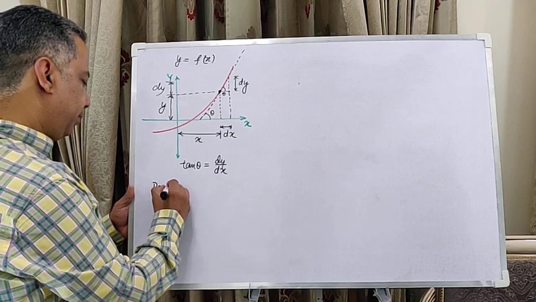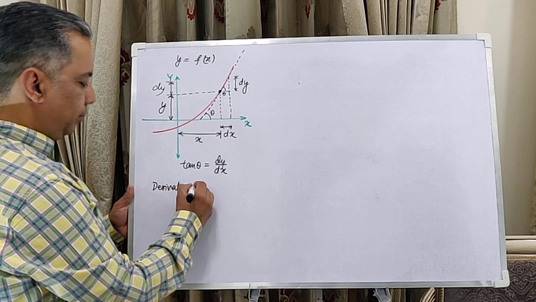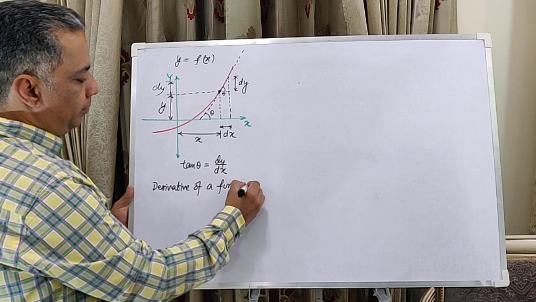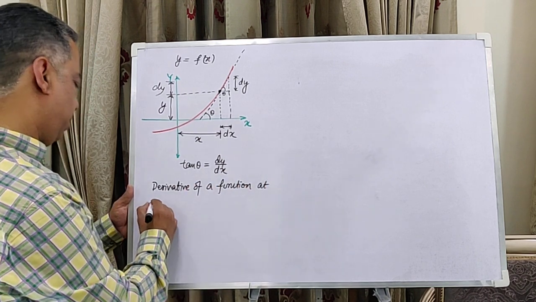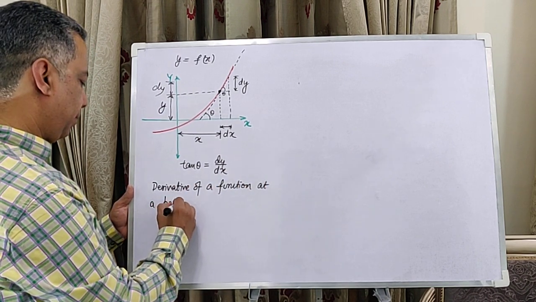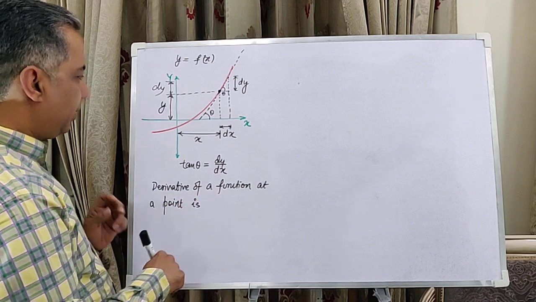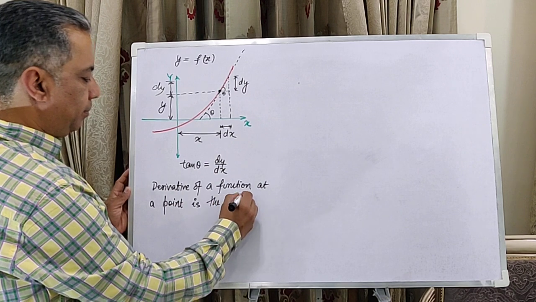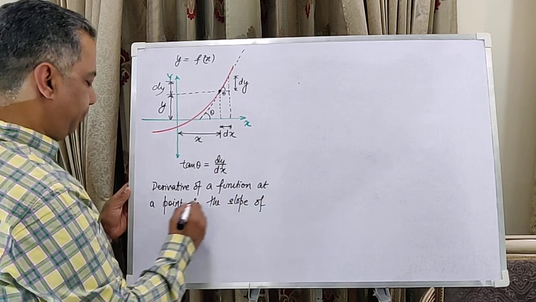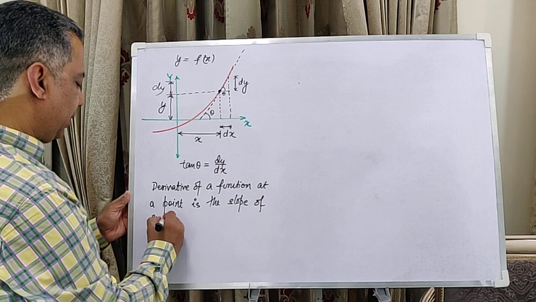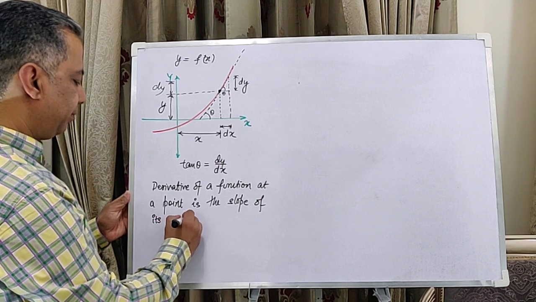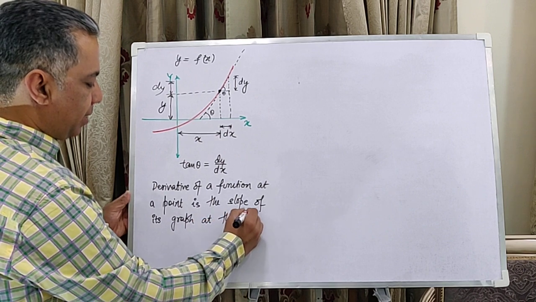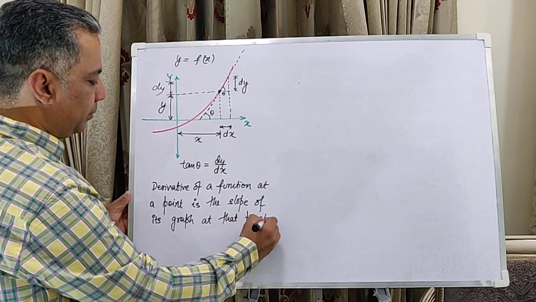Derivative of a function at a point is the slope of its graph at that point.